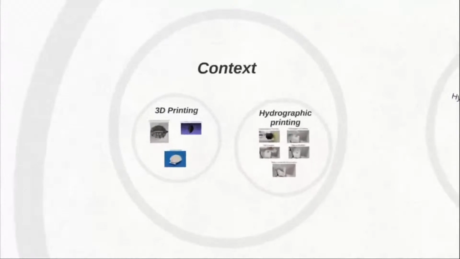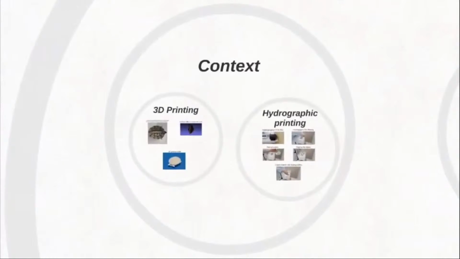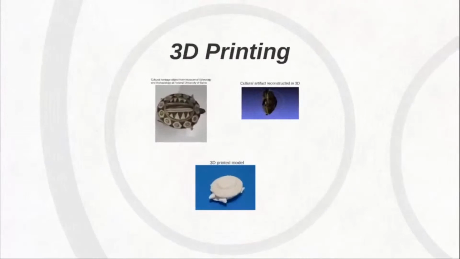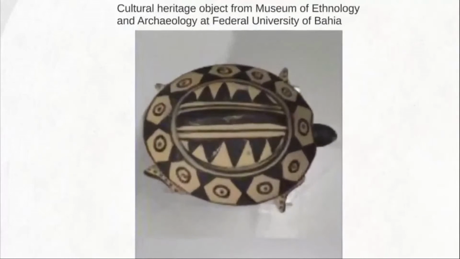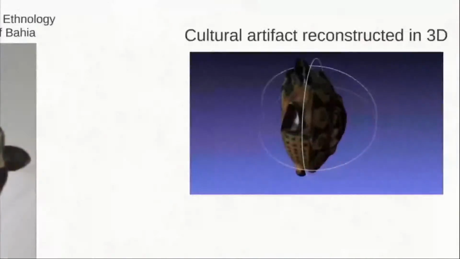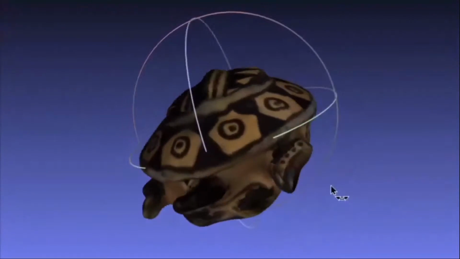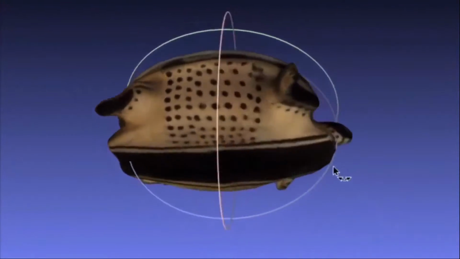I would like to start talking about 3D printing and hydrographic printing. Today, it's possible to reproduce complex objects with 3D reconstruction and 3D printing. Let us see this 3D object. And this one is the same object reconstructed in 3D.